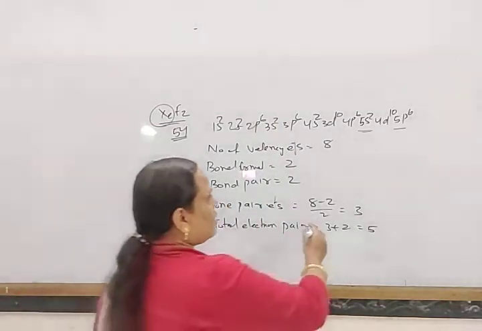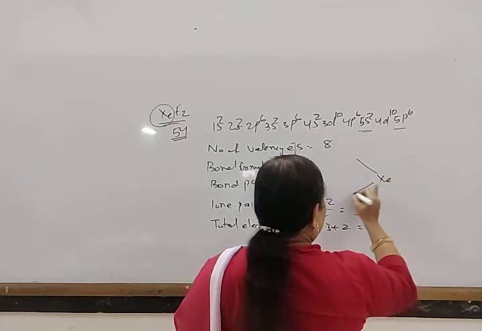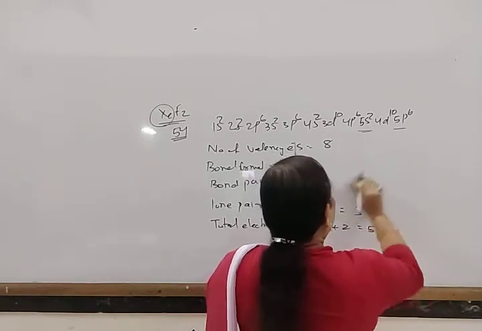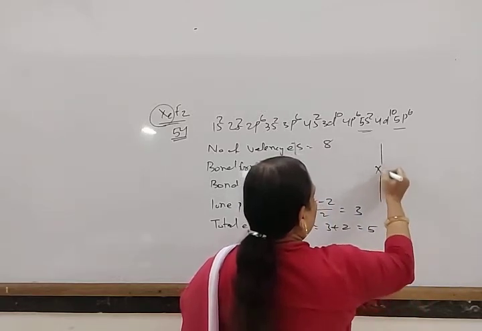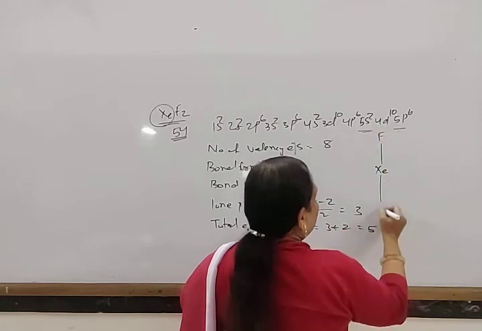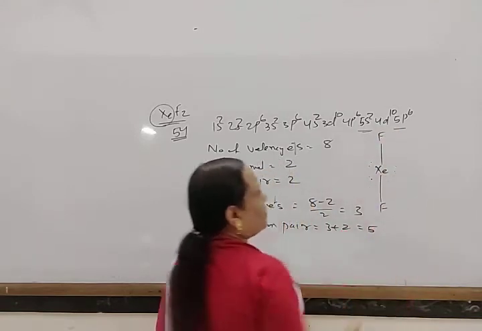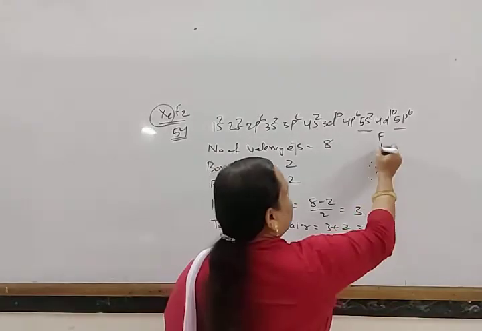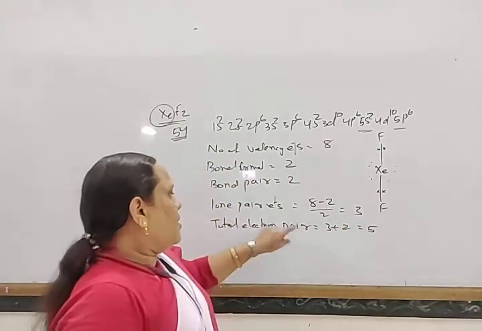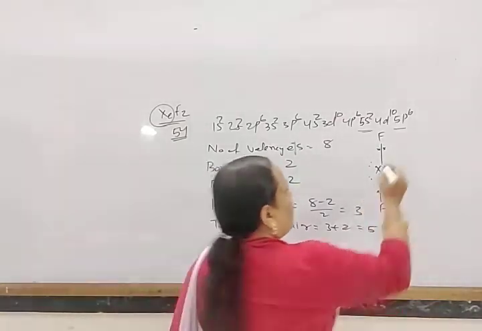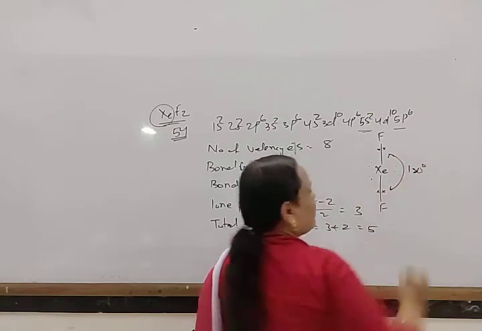The xenon atom, in the trigonal plane, is surrounded by 3 lone pairs and 2 bond pairs. So here one fluorine atom, here one fluorine atom, and 3 lone pairs in this way. These two are bond pair electrons. So the bond angle now becomes 180 degrees.